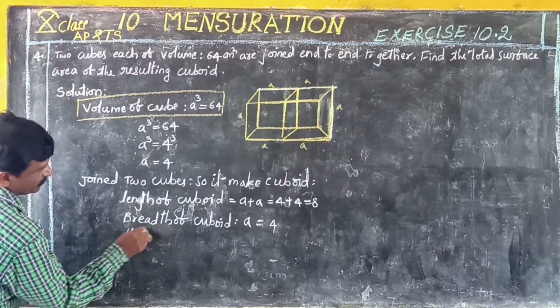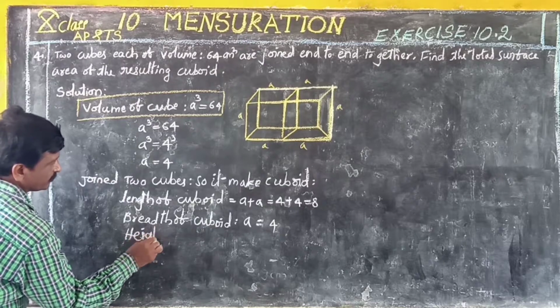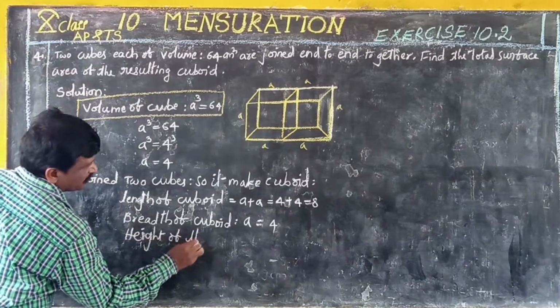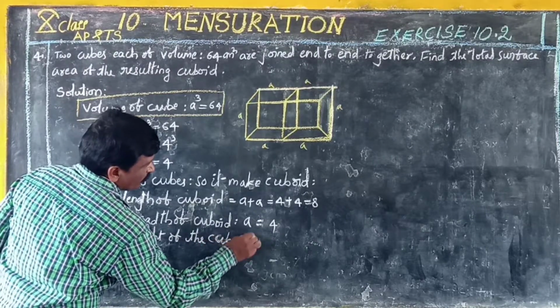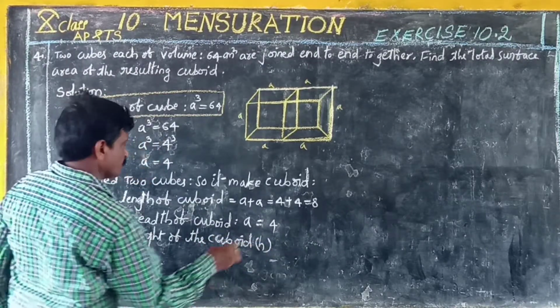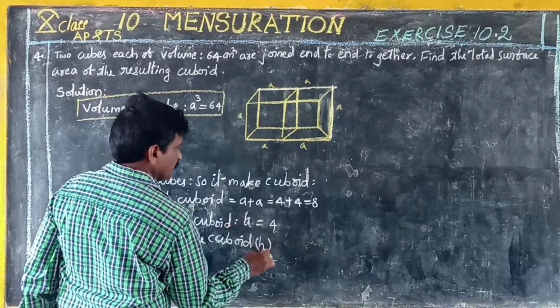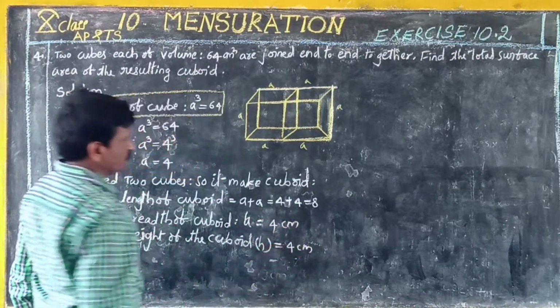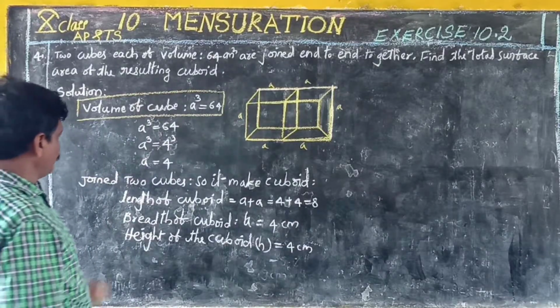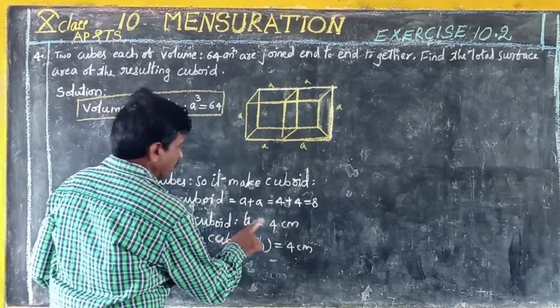Height of the cuboid is 4 cm. So L is 8, B is 4, H is 4.